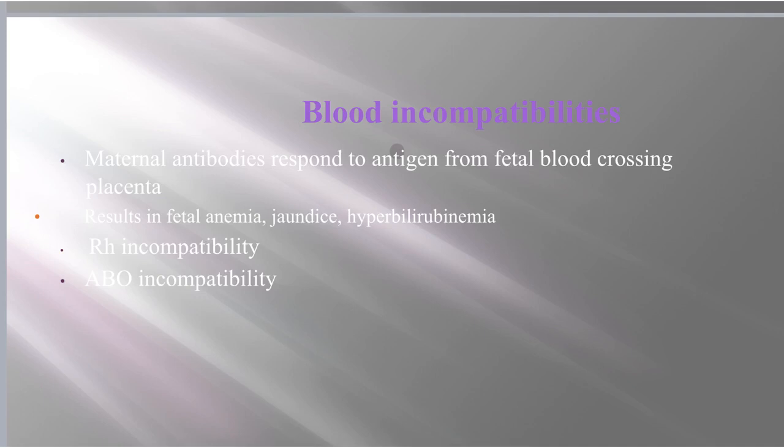The first baby typically isn't as high risk, but that child could have high levels of bilirubin in their system. ABO incompatibility, similar concept, but it's due to antibodies against the antigens of the baby's blood type.